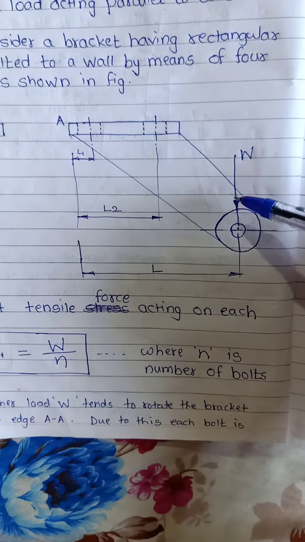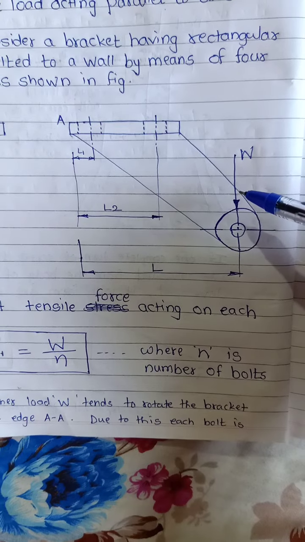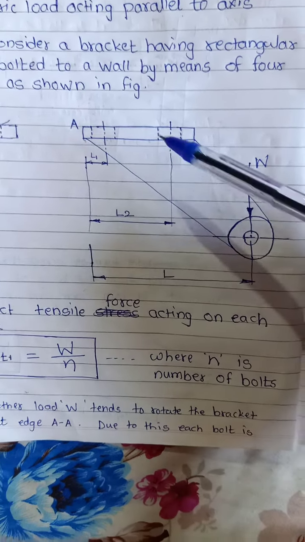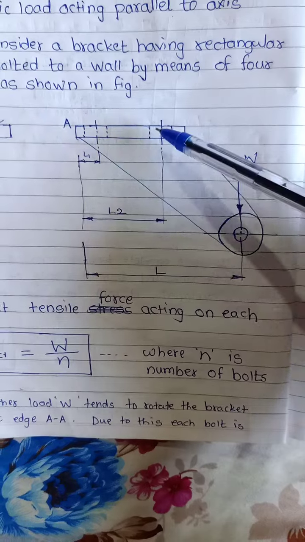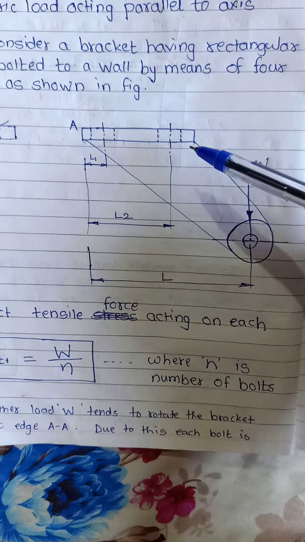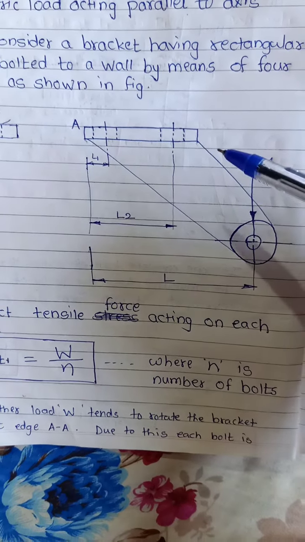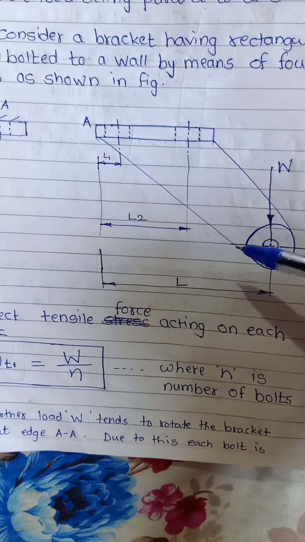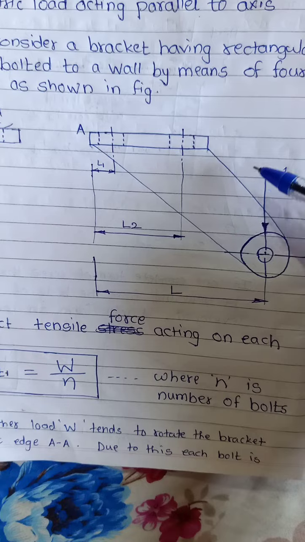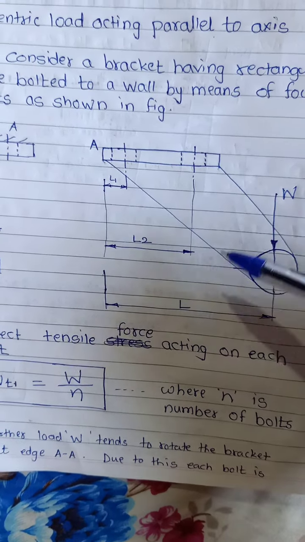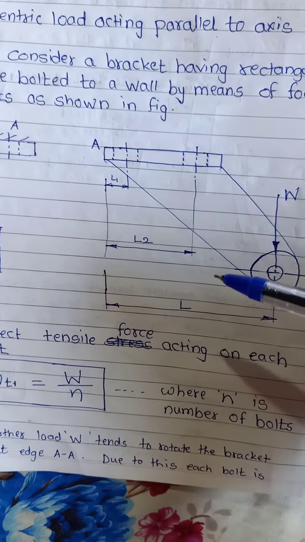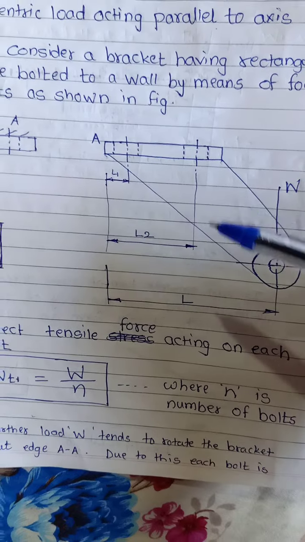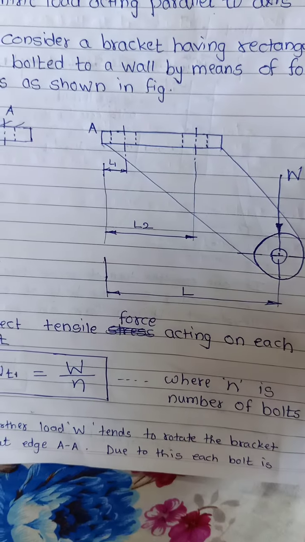This will cause a tensile force acting on each of these bolts. We'll see how to calculate this secondary tensile load because of the tilting, because as you can see here, this moment is going to pull the bolts. So there will be a tensile force because of this moment.